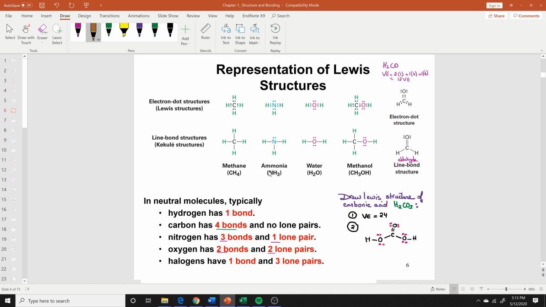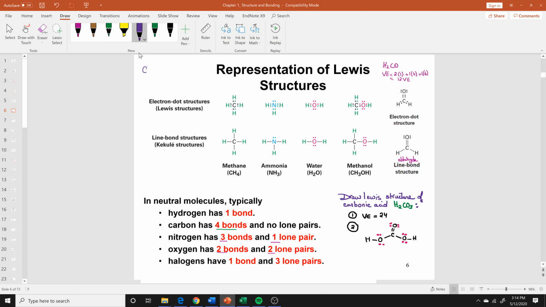It's up to you to use whatever you want, but I'm going to use the line bond structure. I'm going to show you more examples of how to use the electron dot structure, but we're going to use the line bond structure, as I mentioned, because it's actually easier.